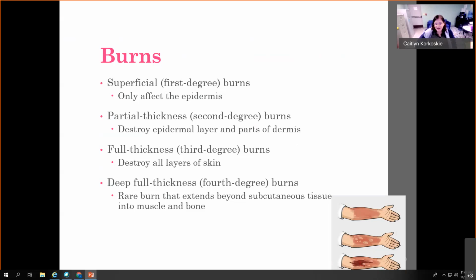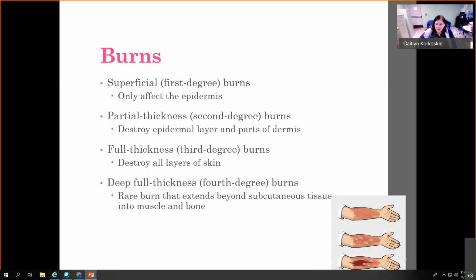A partial thickness or full thickness burn will usually cause those pustules. Most of the time, if you have a patient that you are treating or providing wound care for burns, it's going to be first or second degree burns.